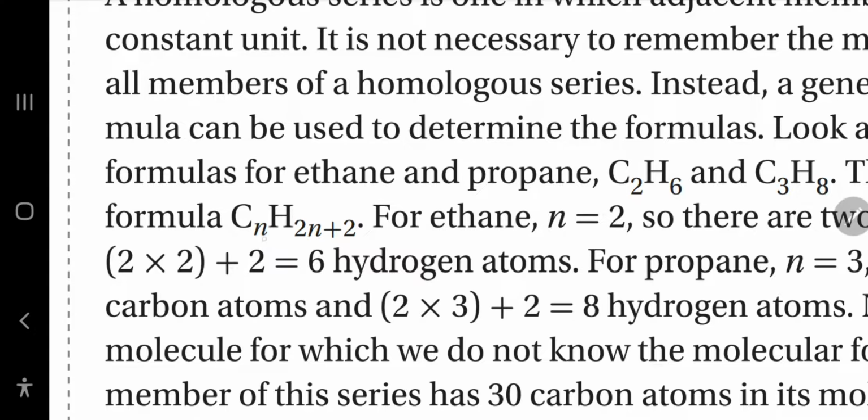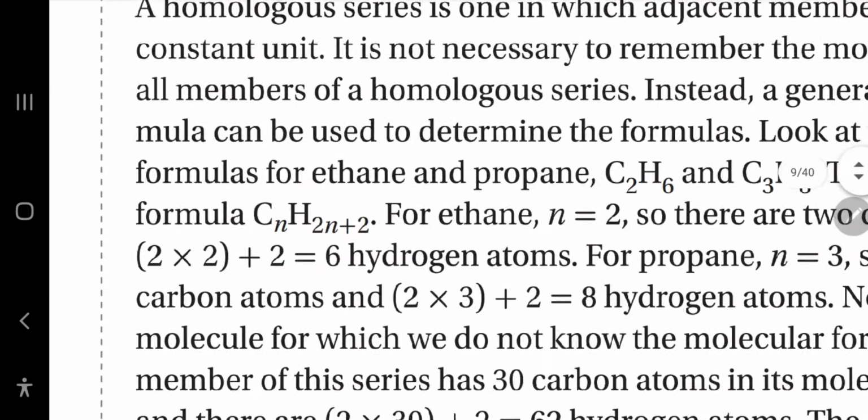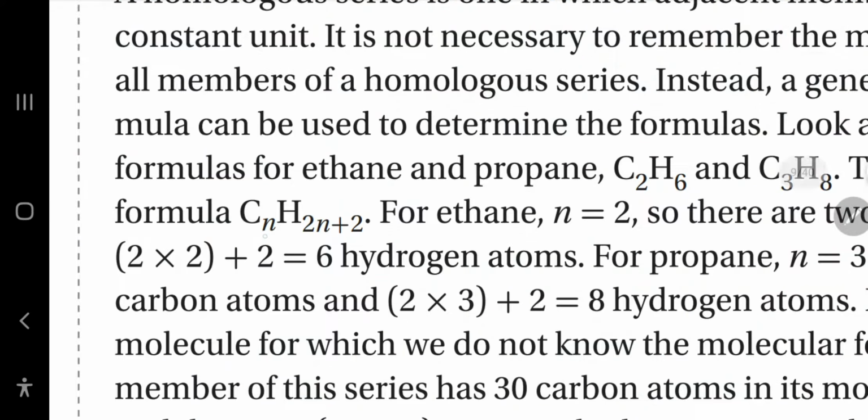So it will be C4H, 2n means 2 times 4, which is 8, plus 2, which is 10. So it will be C4H10. If you have C3, we will have C3H, 2 times 3 plus 2, which is 8. So the compound will be C3H8, and so on.